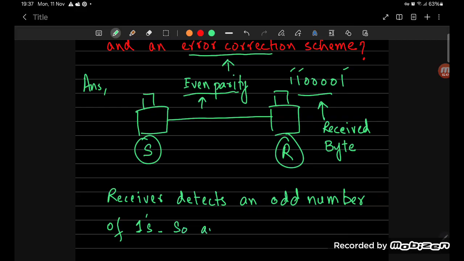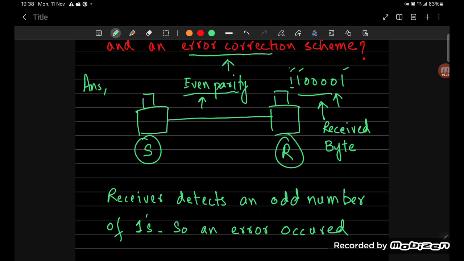So the receiver can tell that an error occurred, right? But is the receiver able to know in any way which one of these bits got corrupted?